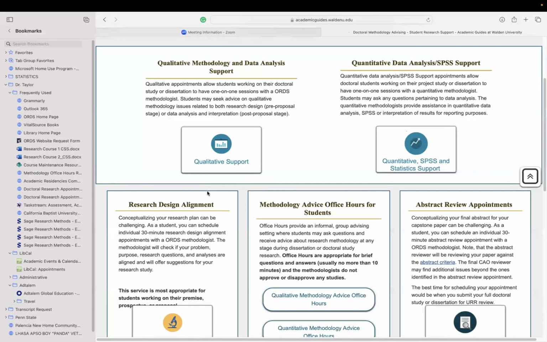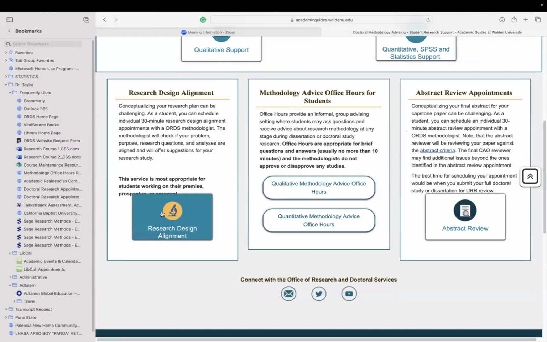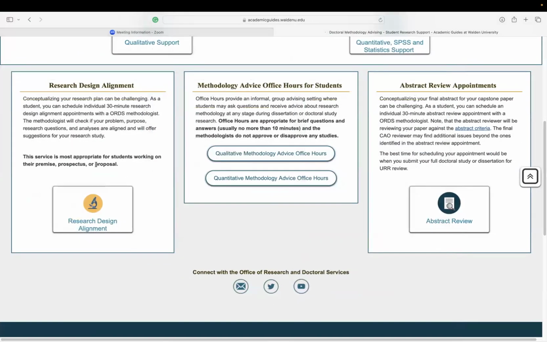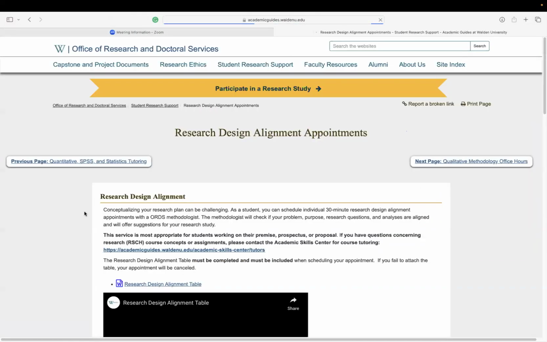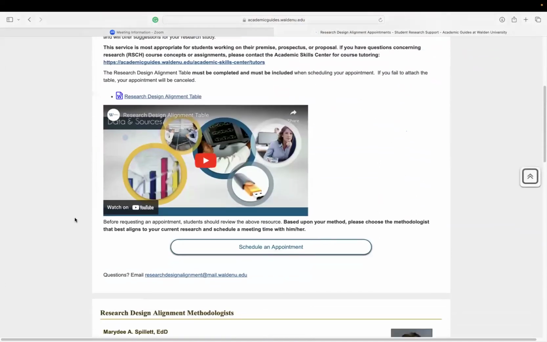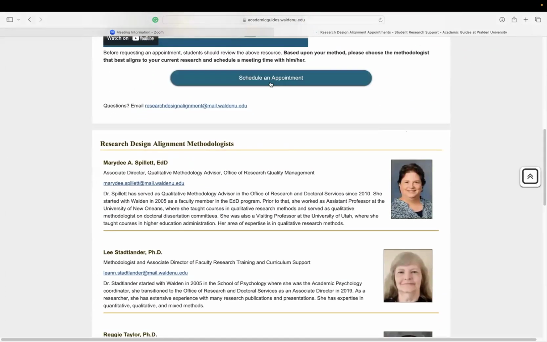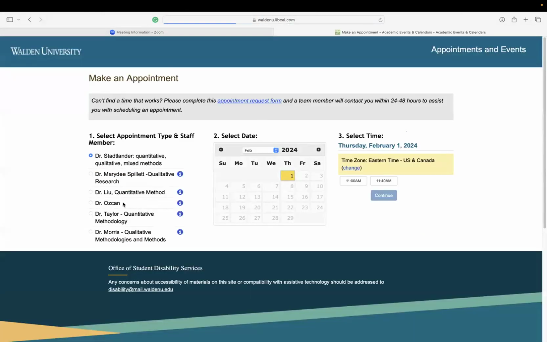When you are in your proposal stage, you can get support from my office. You can schedule an appointment, and we help you with the research design alignment. Click on that link and you'll see all of the methodologies listed. Make sure you don't select someone qualitative.